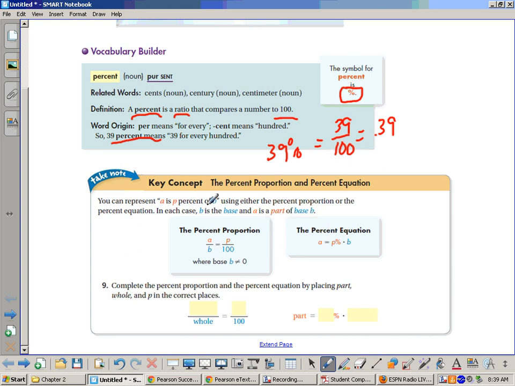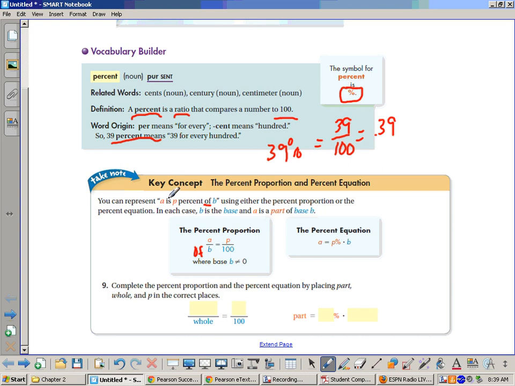Some things I want to point out to you. The word of is an important word in these percent problems because the bottom number in the proportion will always be the number that follows of. So this will always be the whole part. B represents the whole part and always follows the word of. So of B always goes on the bottom.